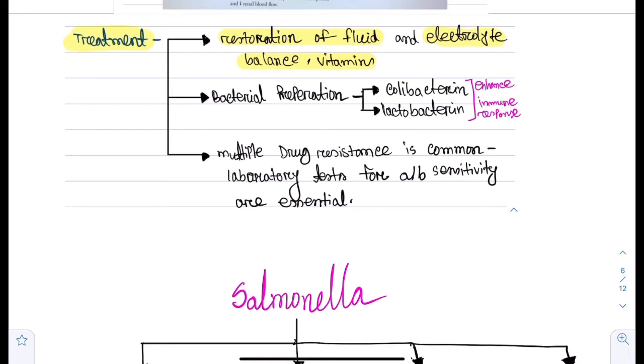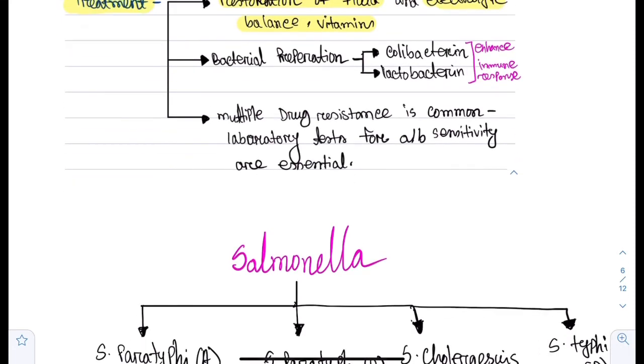And if antibiotics are given to the patient, as we know, we have normal microflora bacteria in our gut, so they might die as well. So colibacterium and lactobacterium are given to the patient, so the normal microflora bacteria doesn't die, and it also enhances the immune response.